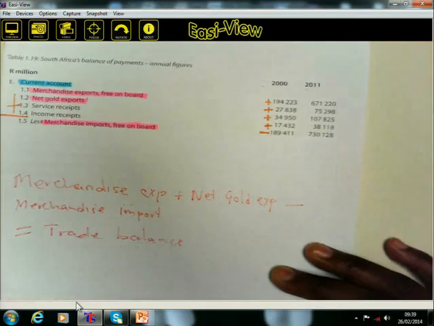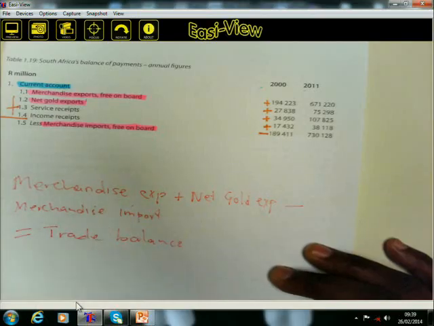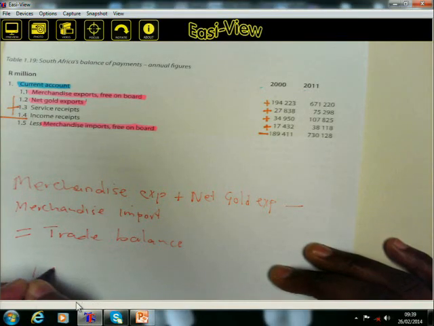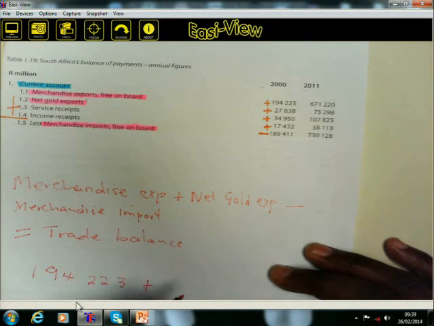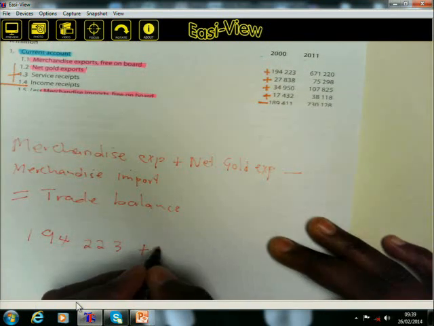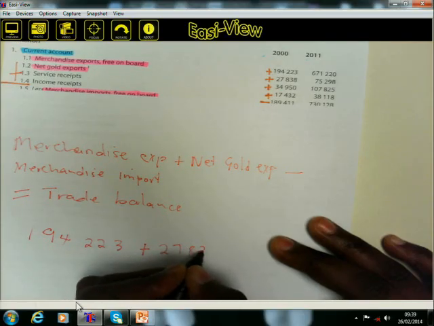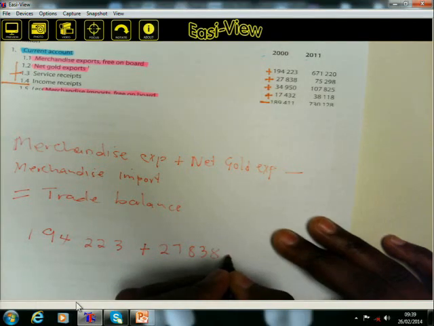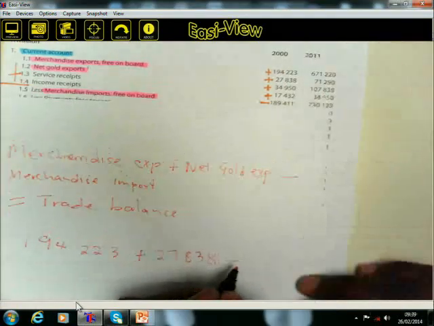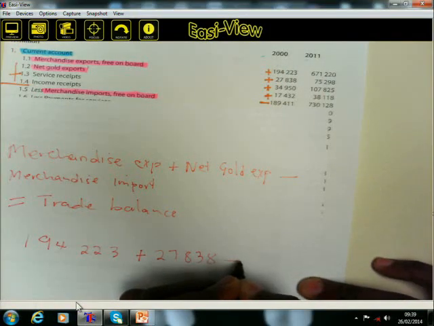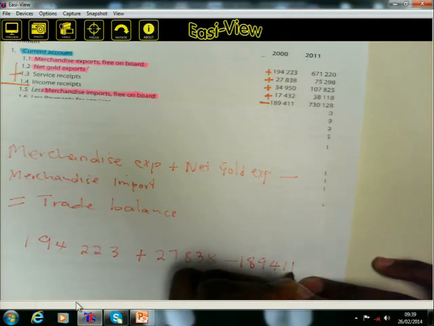In our case here, our merchandise export is 194,223. Then our net gold will be plus 27,838, minus we subtract merchandise import of 189,411.